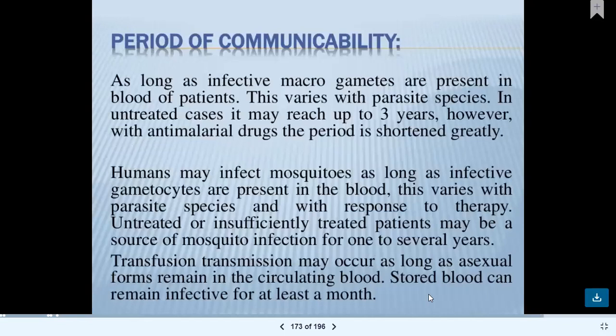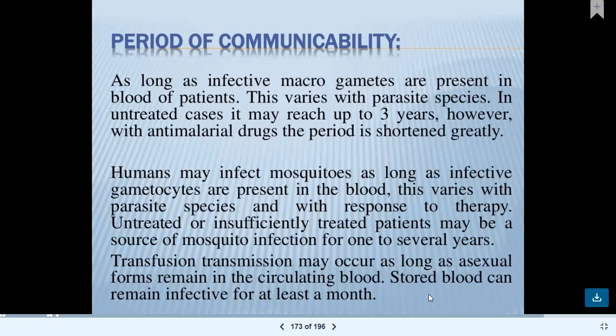Now the period of communicability. As long as infective gametocytes are present in the blood of patients; this varies with the parasite species. In an untreated case, it may reach up to 3 years. However, with anti-malarial drugs, the period is shortened greatly. Humans may infect mosquitoes as long as infective gametocytes are present in the blood.